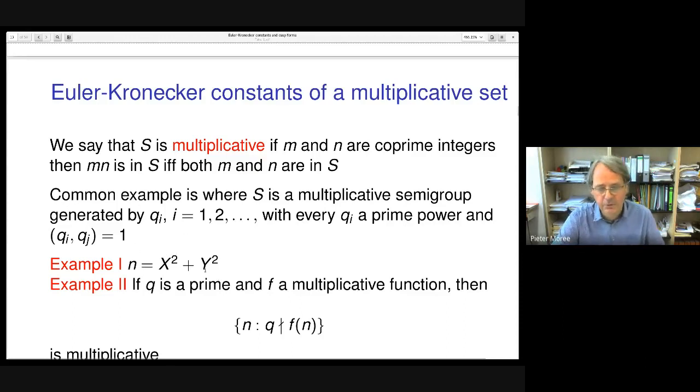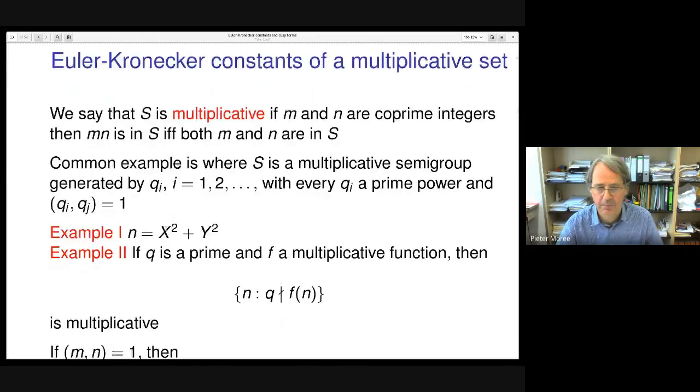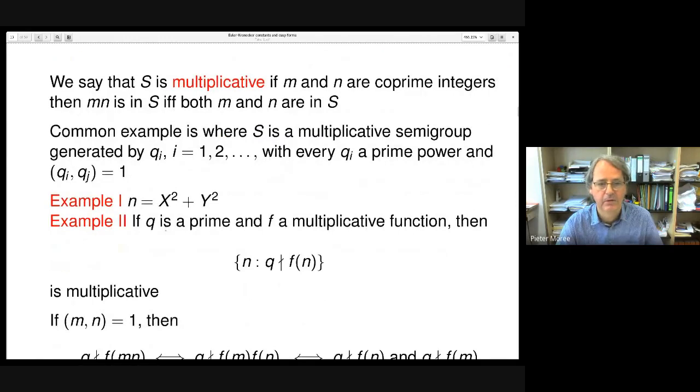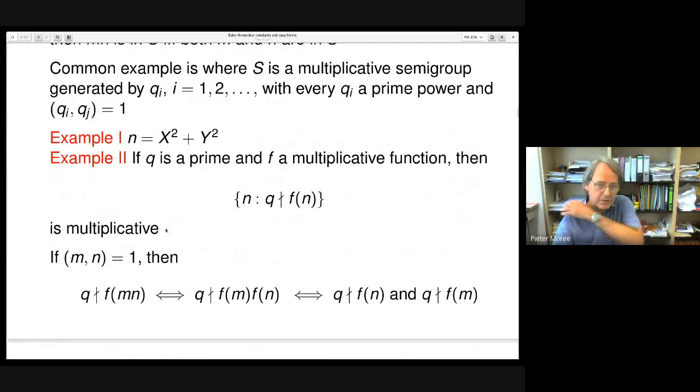I'm referring to the result of Fermat on which integers can be written as a sum of two squares. Well, they can have any factor of 2, any prime factor congruent to 1 mod 4, and all the prime factors congruent to 3 mod 4 must appear to even powers. So that's one example of a multiplicative set.